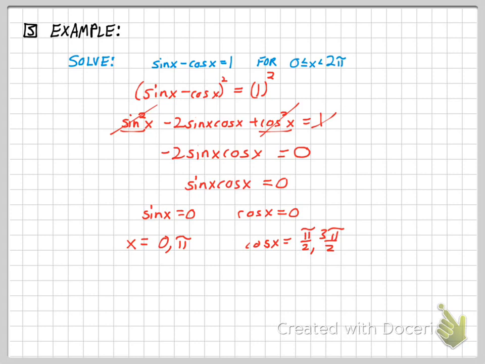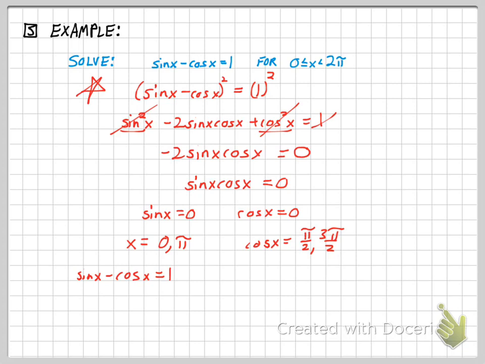Now, we have to remember that because of the squaring step we did way back in step number 1, some of these answers may, in fact, not work out. While tedious, it's important for us to check all of these. So let's do this, sine of x minus cosine of x equal to 1, and I'm going to test it for each and every one of these.